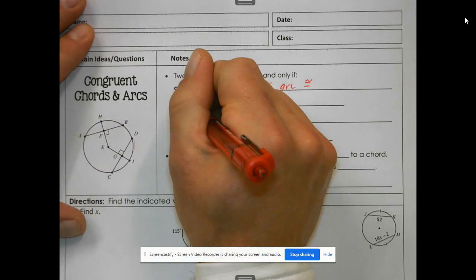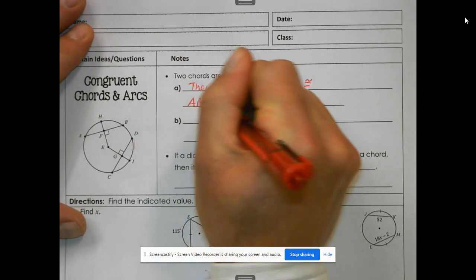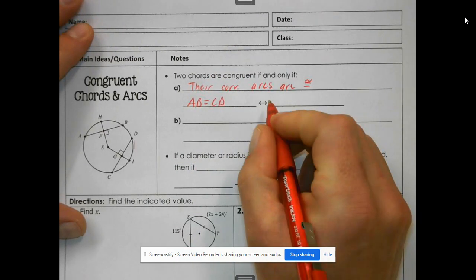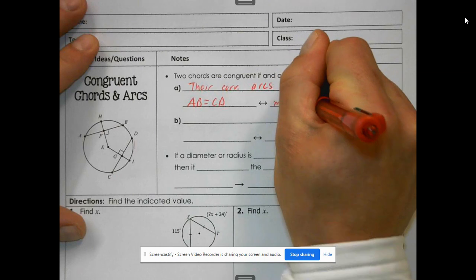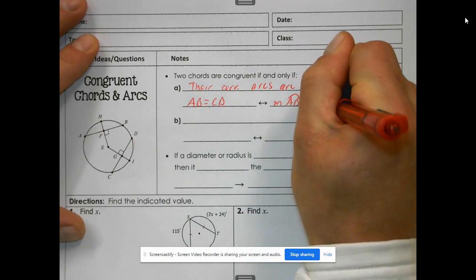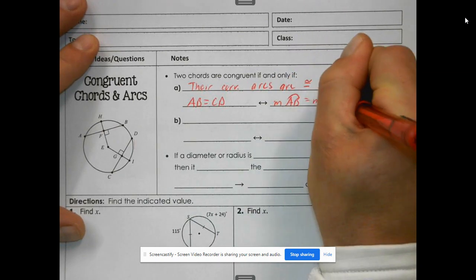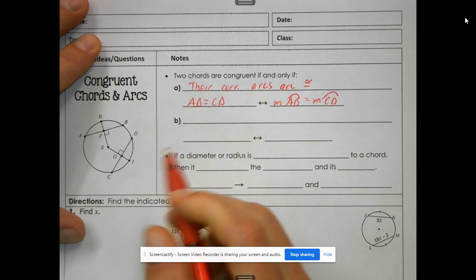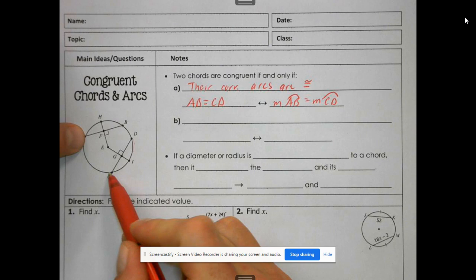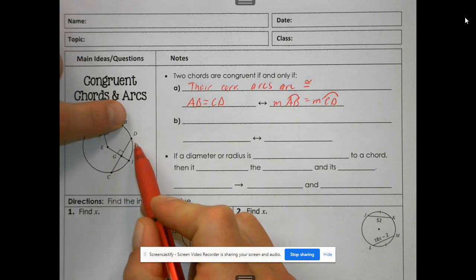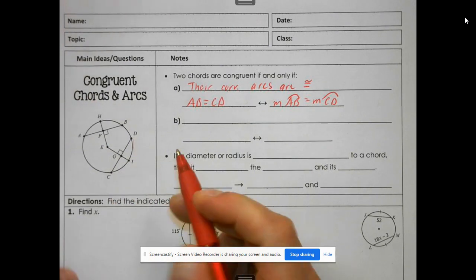So AB is equal to CD if the measure of arc AB is equal to the measure of arc CD. So if arcs are congruent, chords are congruent. If chords are congruent, arcs are congruent.